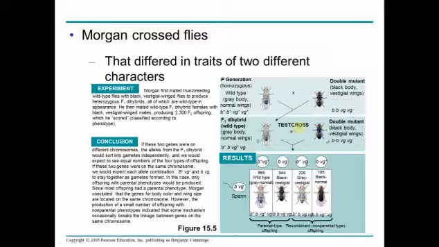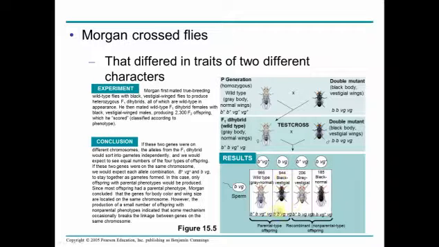What he found, interestingly, was that the majority of the offspring were exactly like the parents. 965 of approximately 2,500 were wild-type gray, normal wings, just like this parent, b+ b, vg+ vg. And approximately the same number were just like the other parent, black vestigial.